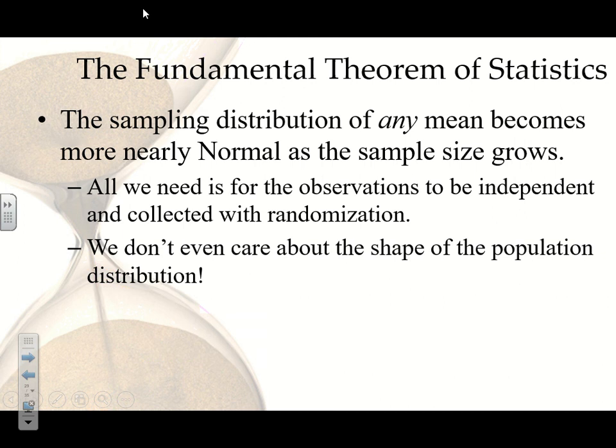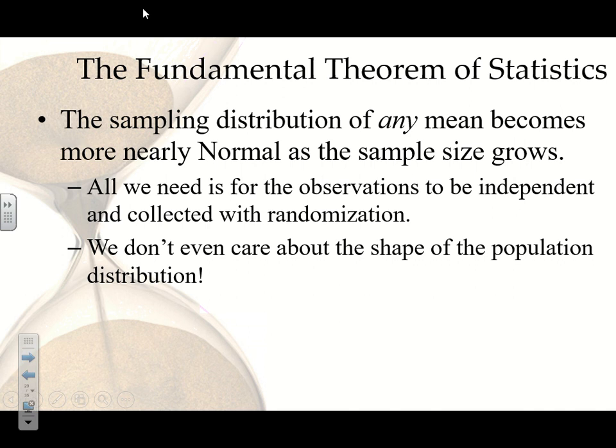The other neat thing about this fundamental theorem of statistics is it doesn't matter what our initial population distribution looks like. Whether it's skewed, slightly skewed, symmetric, or uniform, it does not matter. As we continue to take larger and larger samples for our sampling distribution, we are going to be creating more and more normal distributions.